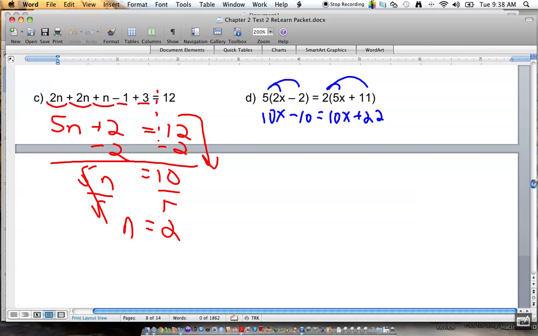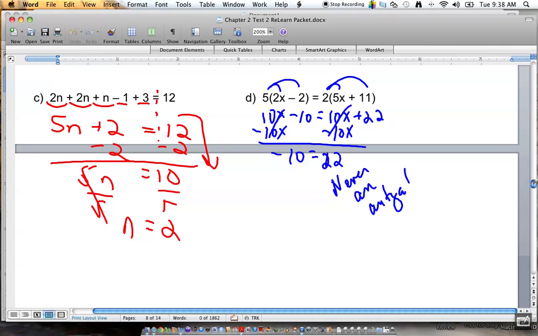Uh-oh, it's one of those. Minus 10x from both sides. Does -10 ever equal 22? No! Never. So we would say there is never an answer. There are no answers to this question.